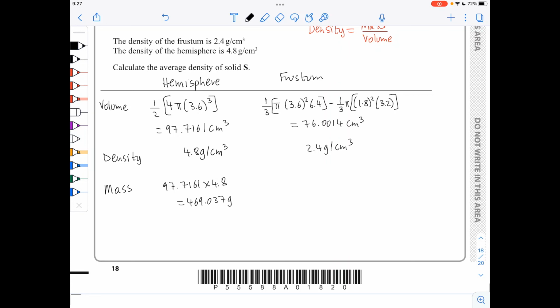And for the frustum, it's going to be 76.0014 times 2.4, which gives an answer of 182.403 grams.